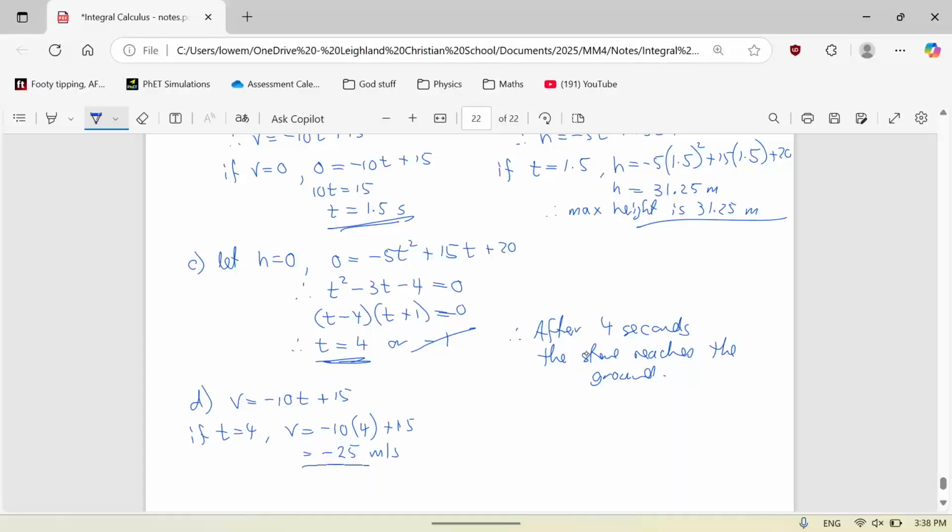And the negative means that the velocity is heading in the downward direction. So the velocity of the stone as it hits the ground is 25 metres per second. If you want to specify the direction, which we should, for a velocity, it is down. And that's it.